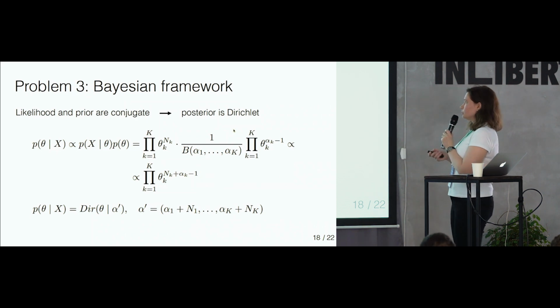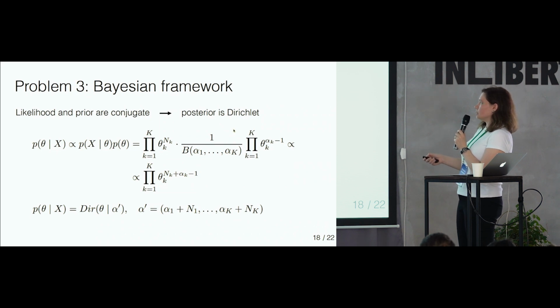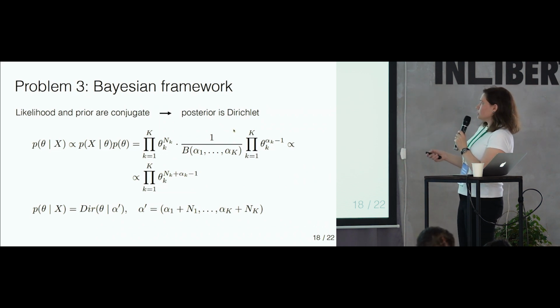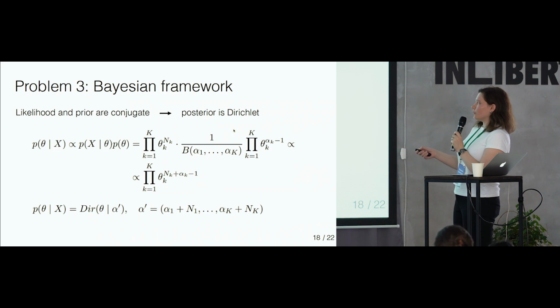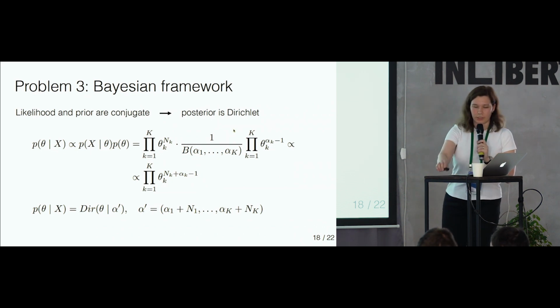To do so, we write down the formula for the posterior, which is proportional to the product of likelihood and prior. We see that 1 divided by the beta function is a constant. We don't care about it. We just use theta to the power of n_k and theta to the power of alpha_k minus 1, and see that this is a Dirichlet distribution with new parameters that are equal to alpha plus n, from 1 to k. Is it clear? Okay.